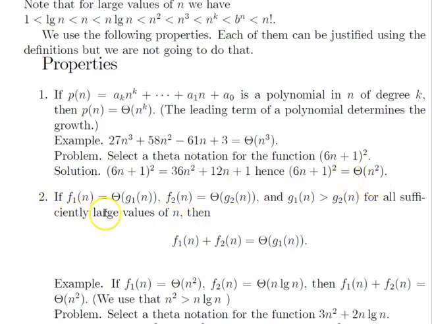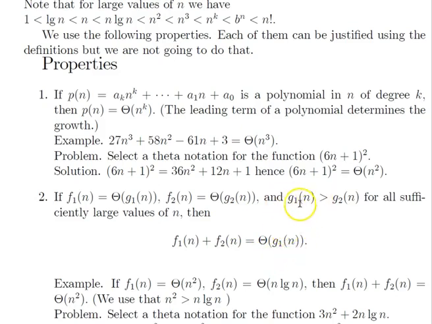The second property: if f1 is theta of g1, and f2 is theta of g2, and g1 is greater than g2 for all sufficiently large values of n, then f1 plus f2 is equal to theta of g1.